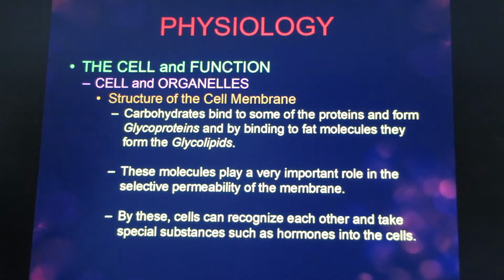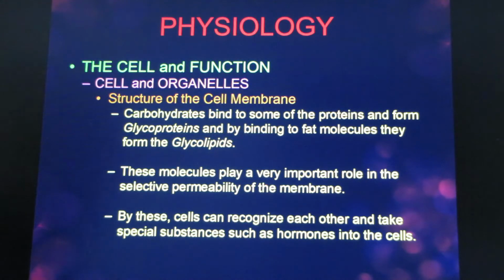Carbohydrates bind to some of the proteins and form glycoproteins. So when I say glycoprotein, you will know that it's a carbohydrate which is bound to a protein. And by binding to fat molecules, they form glycolipids. So when I use the term glycolipids, you will know that we have carbohydrates that are bound to lipids.